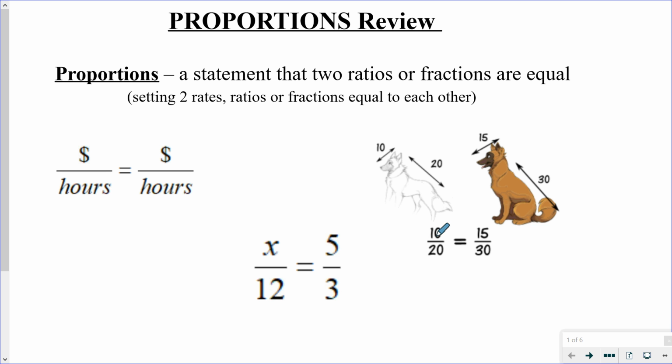And notice that you can set up a proportion, 10 is to 20, as 15 is to 30. And then we have a proportion where now one of the variables is representing an unknown. So there are ways by which we can solve for that unknown. And today that is one of the concepts that you're going to learn.